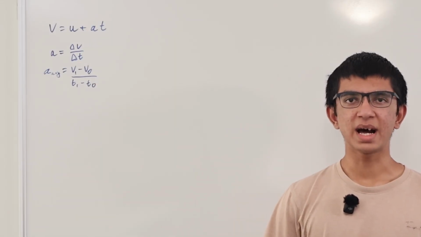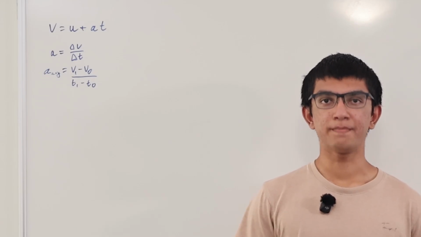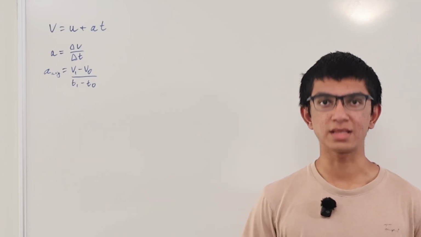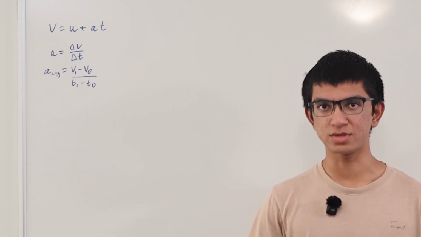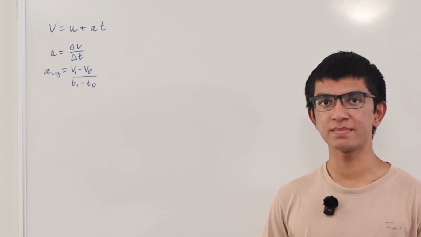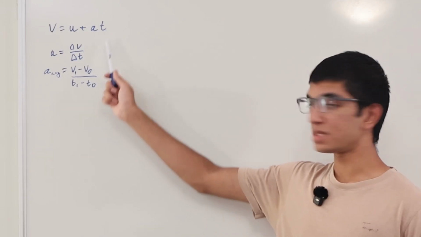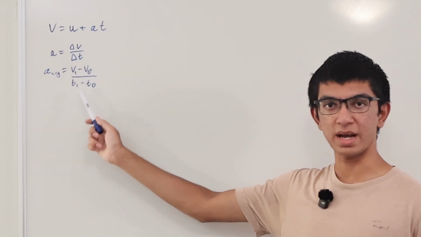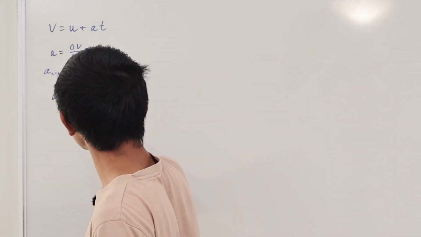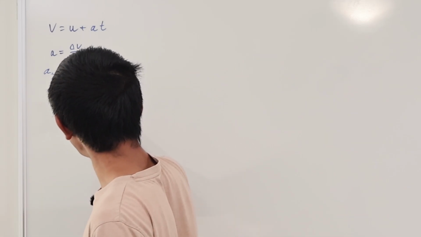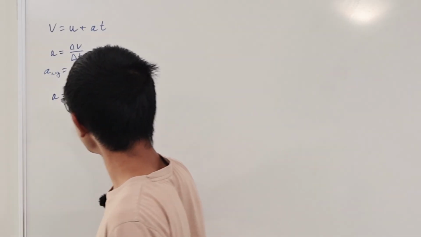Now, t is the time taken. If I start measuring at, say, 2 seconds and stop measuring at 4 seconds, the time passed would be 2 seconds. Final time minus initial time. So t is equal to t1 minus t0. And writing it out, we get a is equal to v minus u over t.